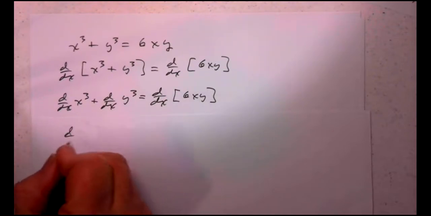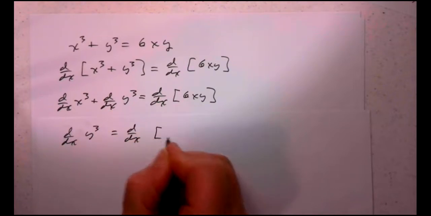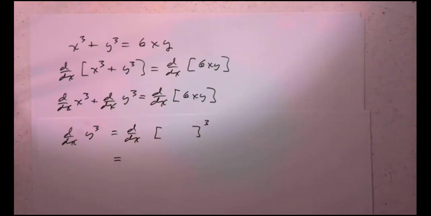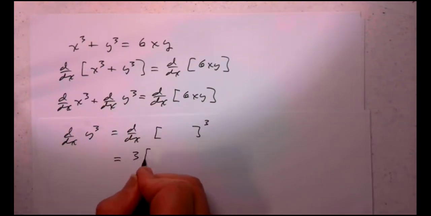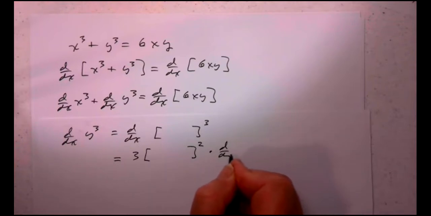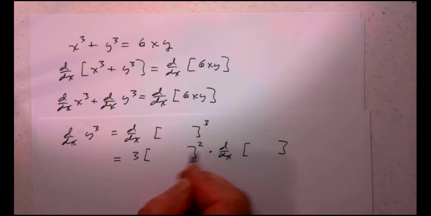The derivative with respect to x of y cubed is the derivative with respect to x of something to the third power. If we think about the chain rule, that's 3 times the something squared, the derivative of the outside function, times the derivative of the inside function, the derivative of the something.